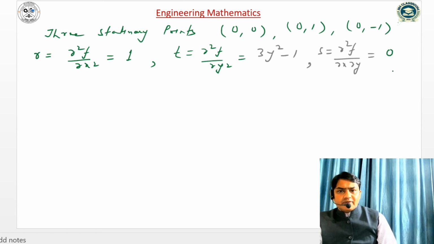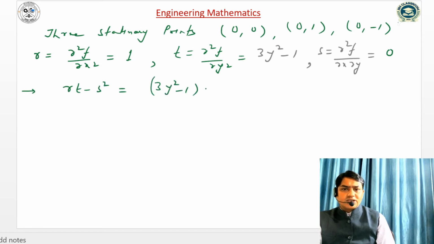If I compute the value of rt minus s square, it means r into t, so it will be 3y square minus 1 minus 0. So the value is 3y square minus 1.